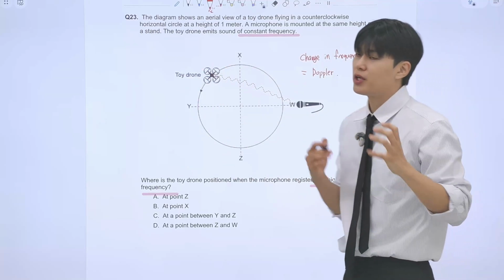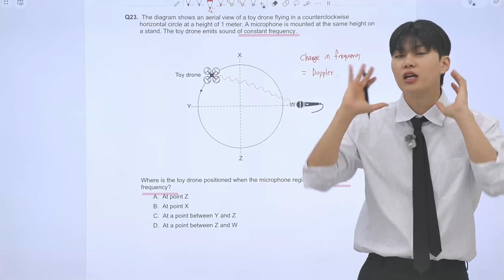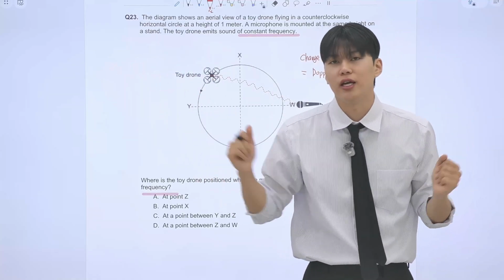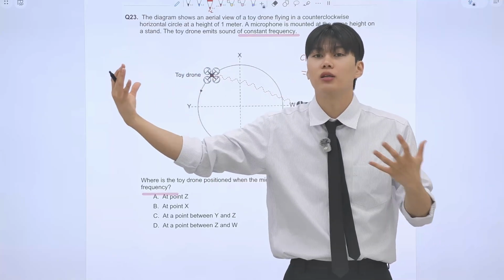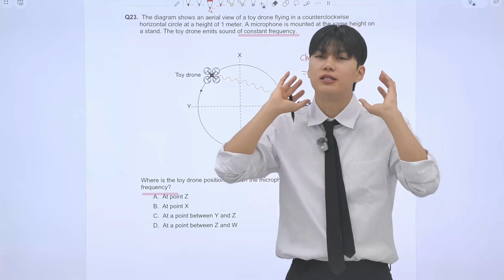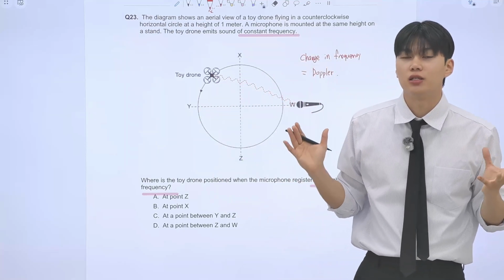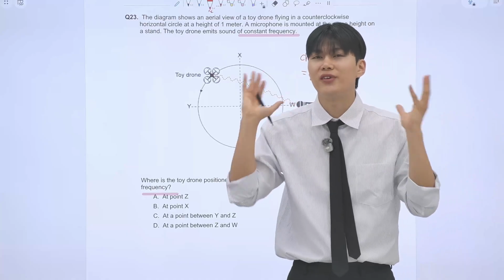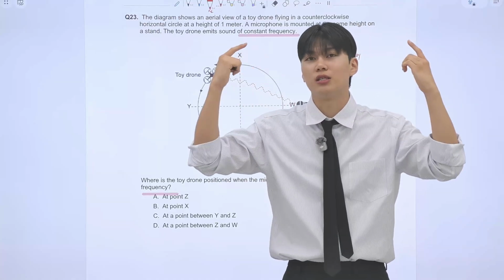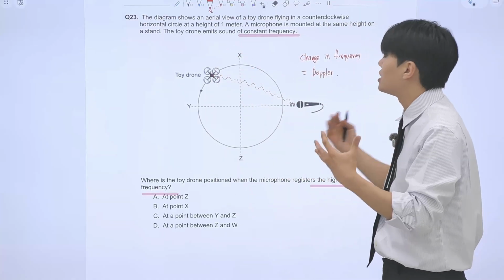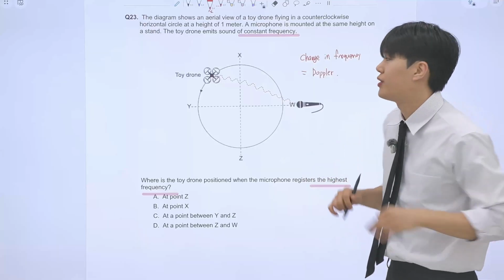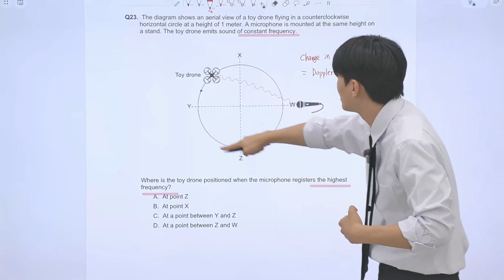Think about an ambulance coming towards you. When the ambulance comes towards us, the sound is very loud and annoying because the frequency changes. If we feel annoyed, the frequency has increased. So the frequency increases when it comes towards us. Think about when the drone comes towards the mic.